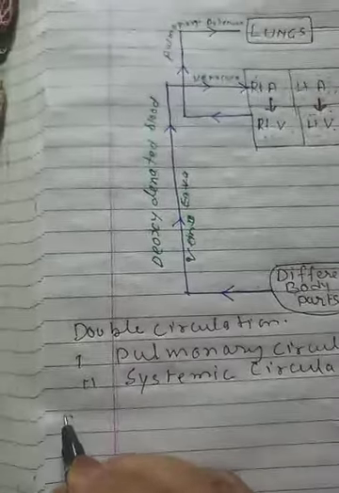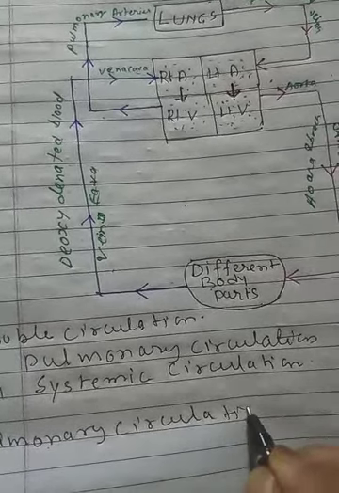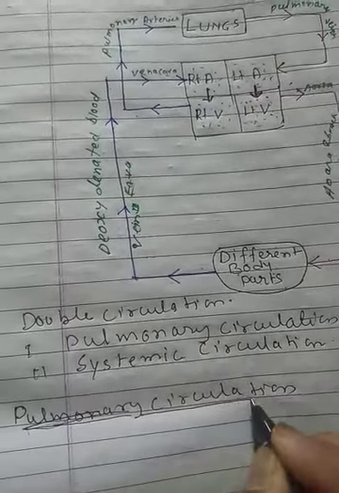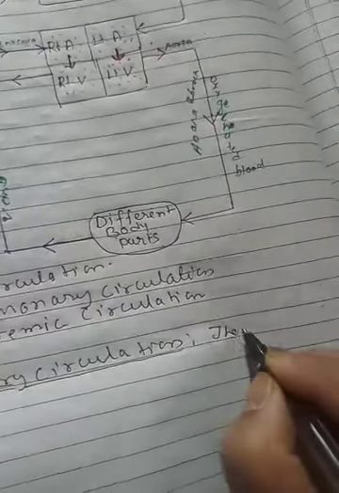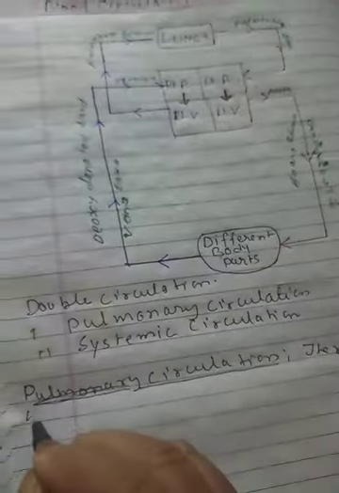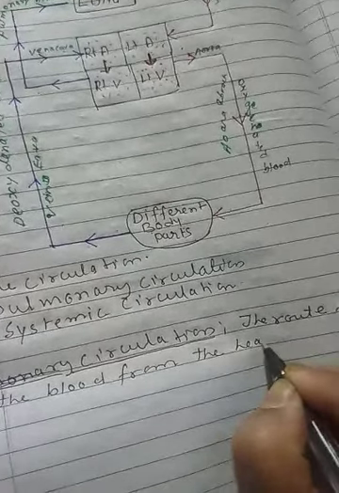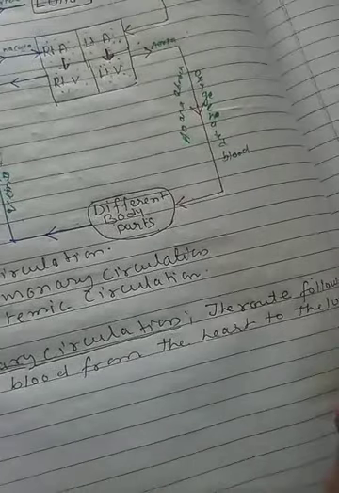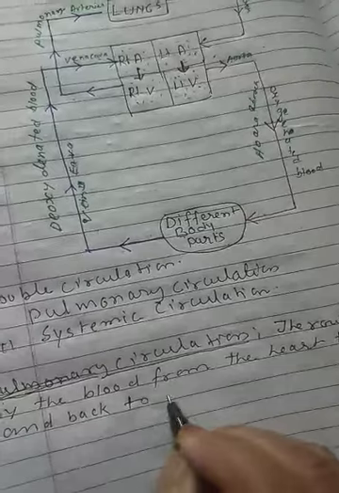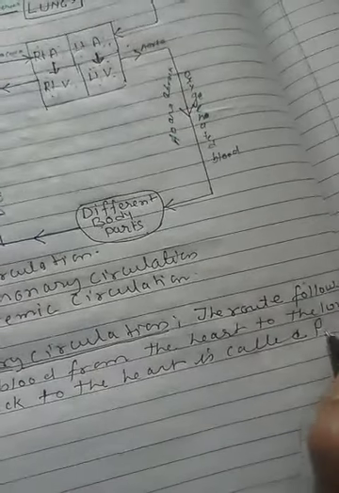So here the pulmonary circulation. The route followed by the blood from the heart to the lungs and back to the heart is called pulmonary circulation.